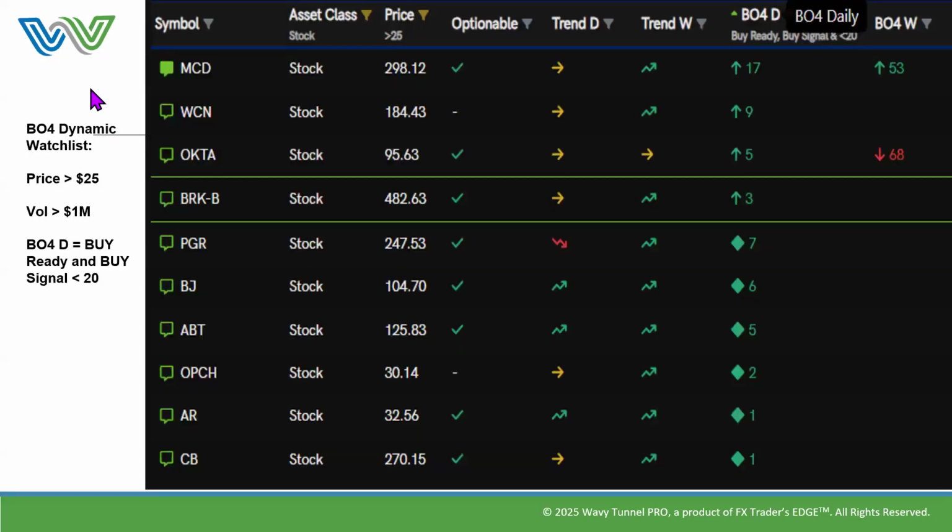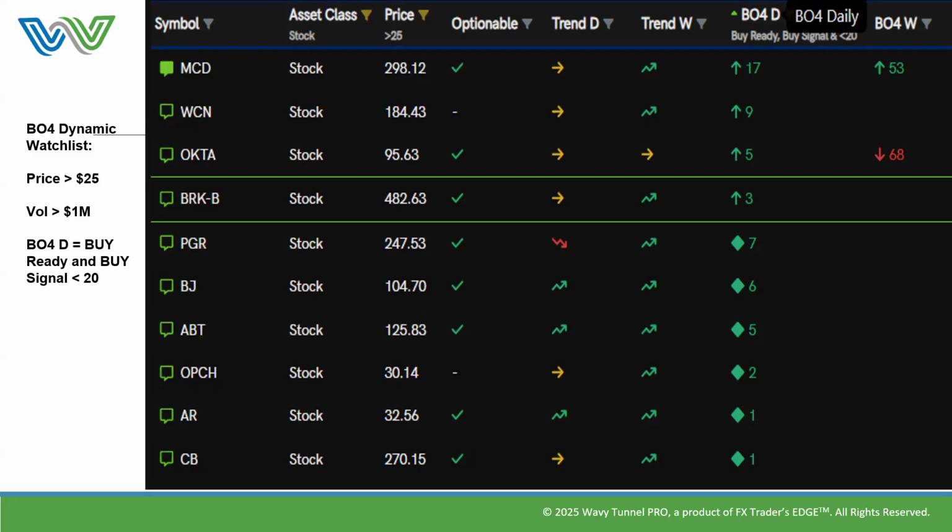Now, the breakout 4 trade is one of my favorite trades, and this is the dynamic watch list for the breakout 4. So you can take a screenshot, and the criteria are price is greater than 25, volume is greater than 1 million, and we can check off the buy ready or the buy signal.